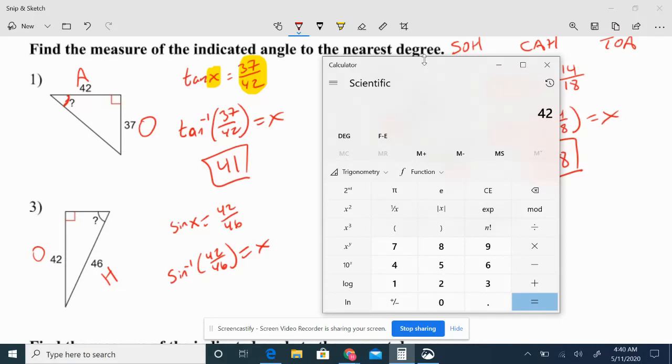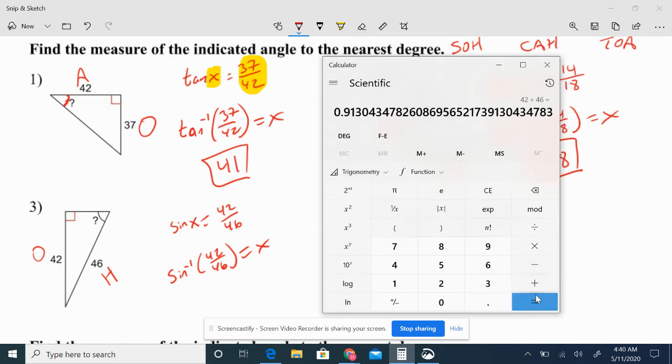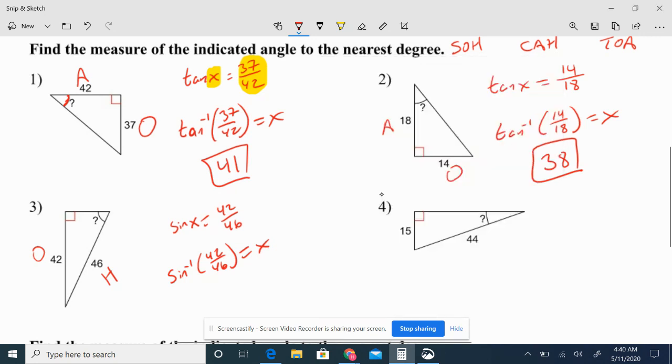So 42 divided by 46. Let me get my decimal first. And then I go to trig. I have to press second, and now I do sine inverse. 65.9, I have to go to the nearest whole number. So I'm just going to call this 66. Angle is 66. Nice, easy.